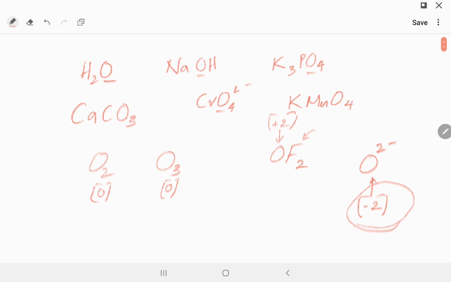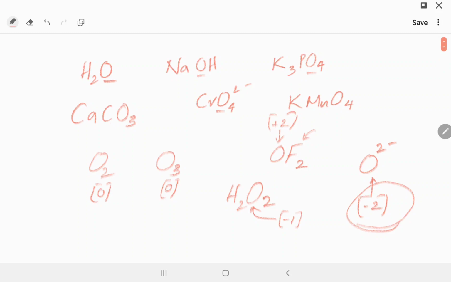And then there are other exceptions such as superoxides and peroxides. Here is a prime example of a peroxide, hydrogen peroxide. For peroxides, the oxidation number of each oxygen is -1.